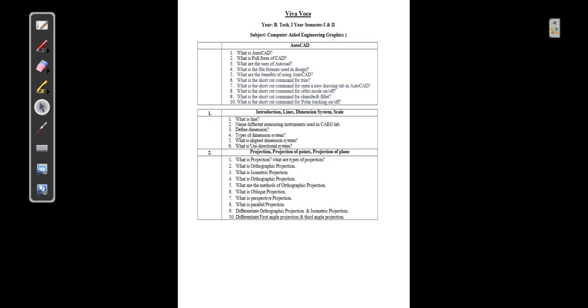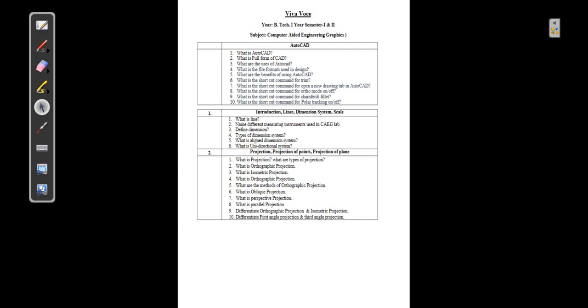Again, there are different types of lines, like thick line, thin line, dash line, continuous line, axis lines, so many different lines, and projection line, reference line, dimension line, all types.